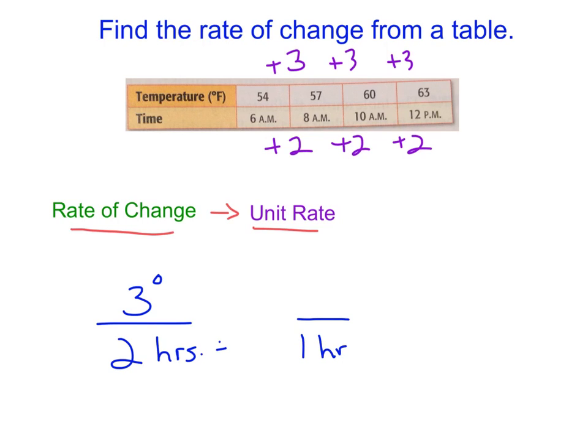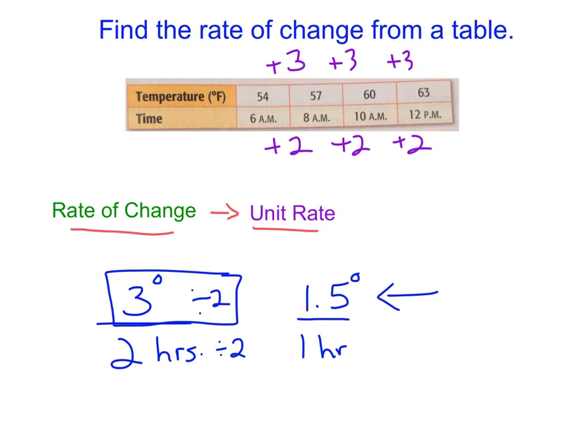So to do that, I'm going to need to divide by 2 for each of these, just like that. And now I could use my calculator to do 3 divided by 2, or you might know that one, and that would be 1.5 degrees for every hour. So our rate of change would be 1.5 degrees, or 1 5/10 degrees, every 1 hour.